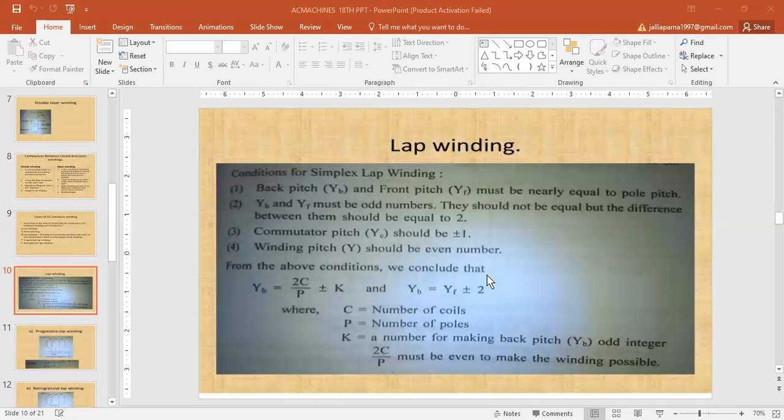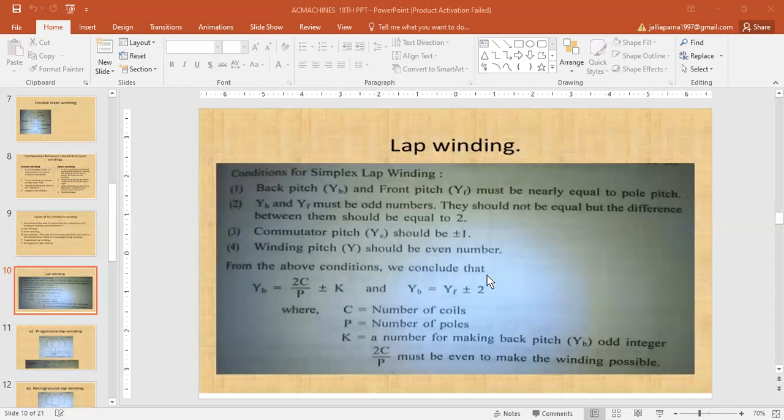Both YB and YF should be nearly equal to the pole pitch. The average pitch YA equals YB plus YF by 2. The commutator pitch YC equals plus or minus 1. The resultant pitch YR is even, being the arithmetical difference of the two odd numbers.